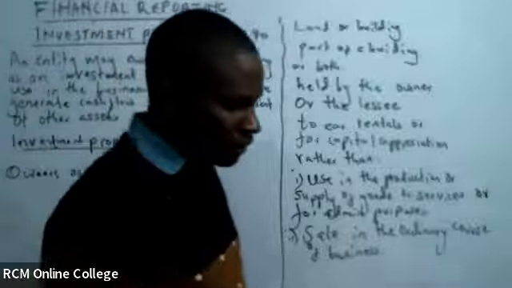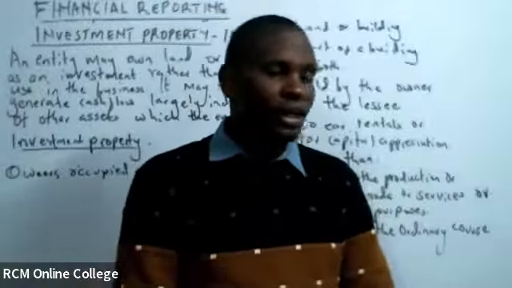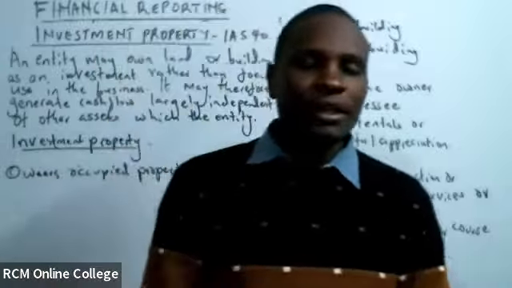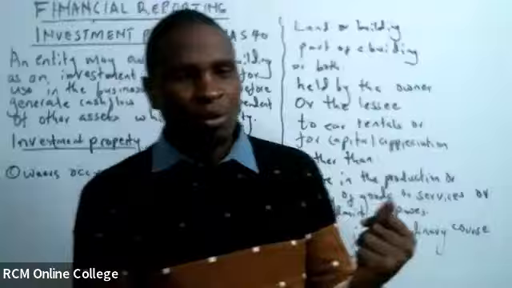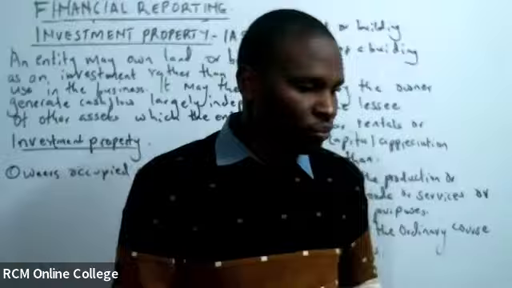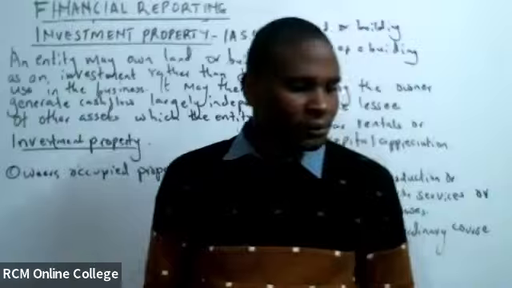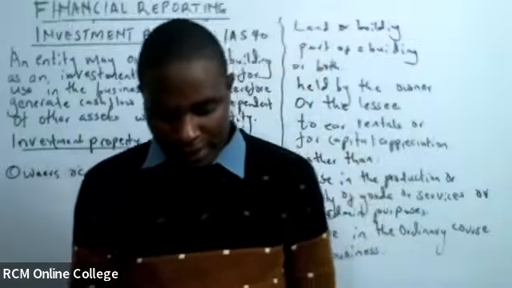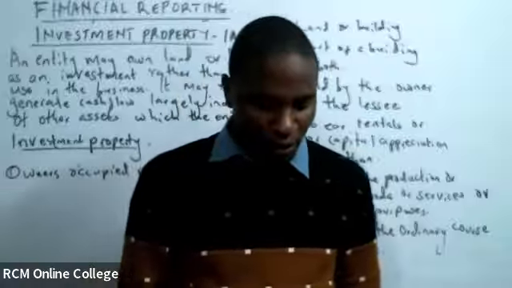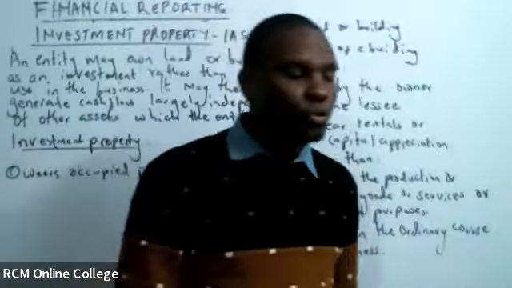Owner-occupied property: you say that it is a property held by the owner. As the name suggests, yes, I know you have your own properties. It is a property held by the owner, in bracket, or by the lessee as a right-of-use asset.